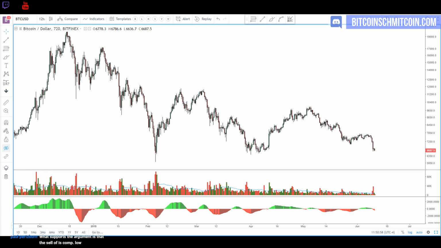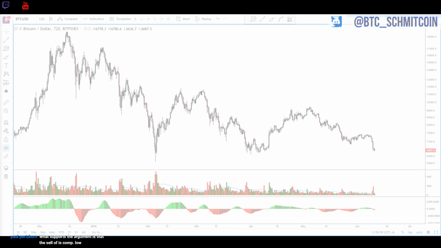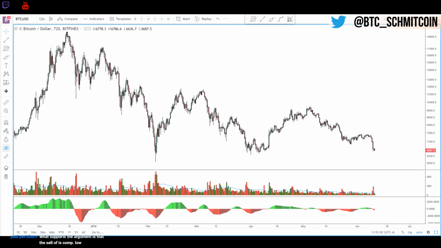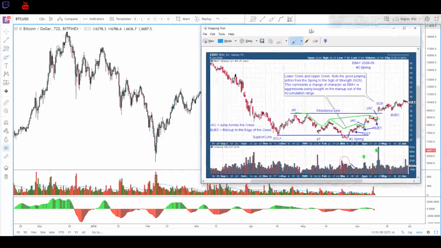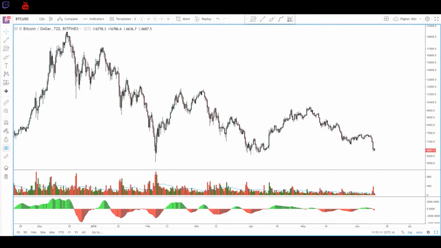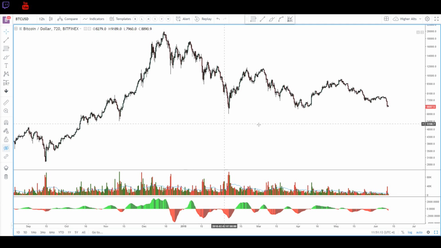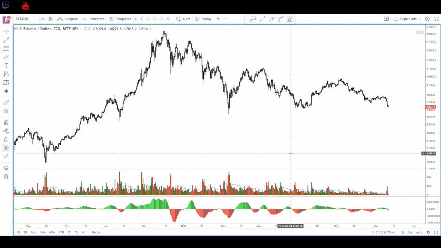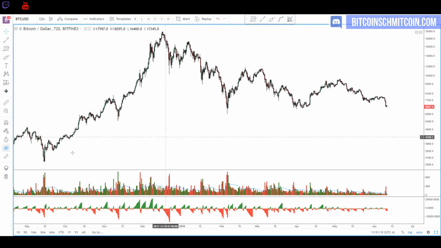As someone put on my Twitter, it's beginning to look a lot like eBay, because it's the eBay chart. Let me zoom out, get rid of the SMI, and go to the Wyckoff stuff.